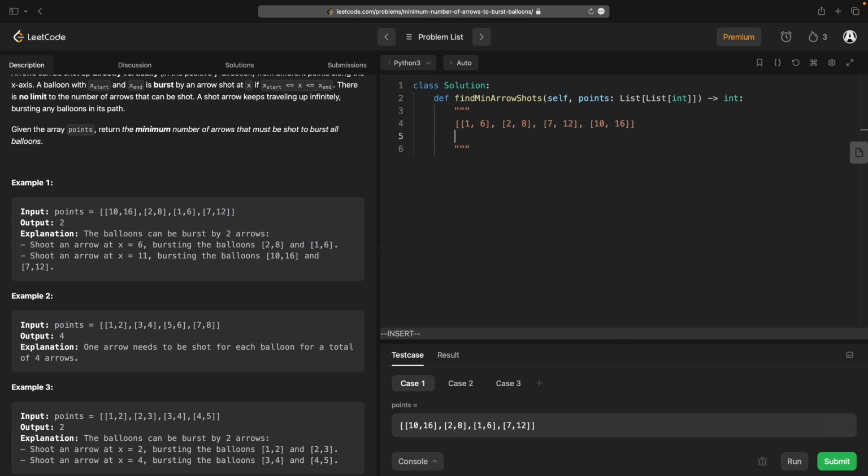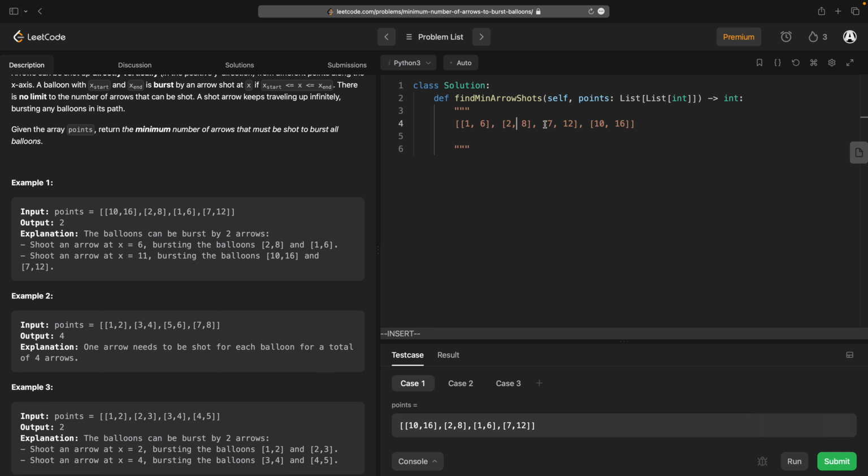If I'm at the first one, index 0, I want to keep walking forward, finding all of the balloons that have a start position less than 6. Is that correct? So I collect that one too.